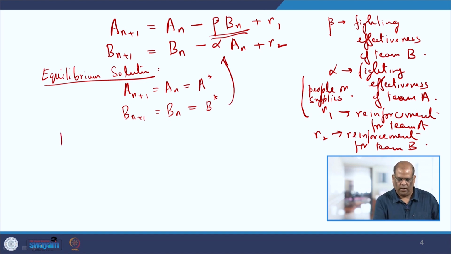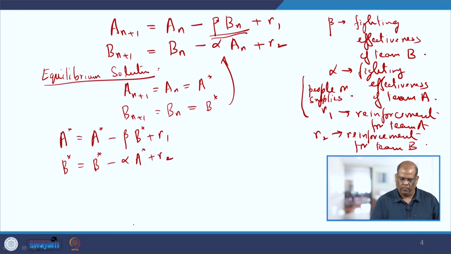So, you get A* equal to A* minus beta B* plus R1, and B* equal to B* minus alpha A* plus R2.